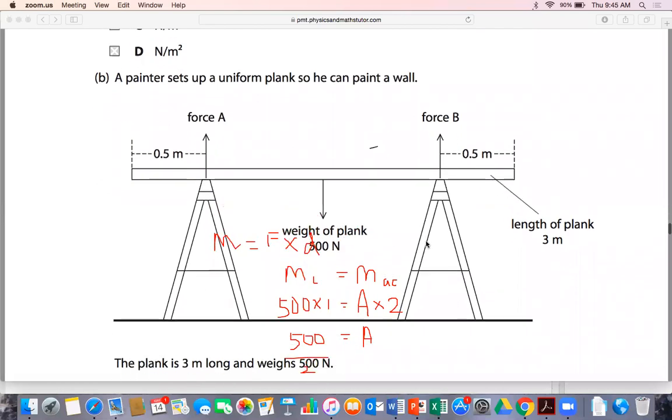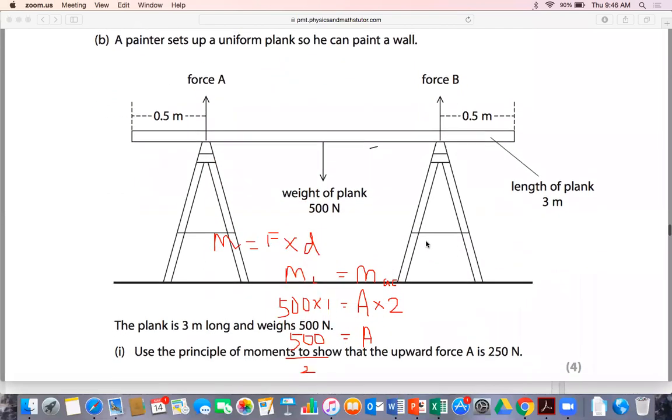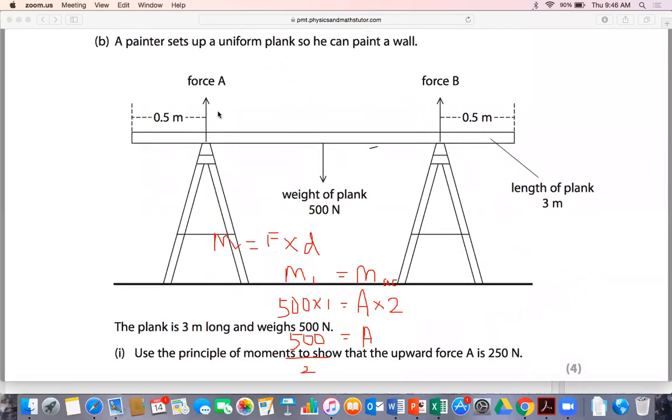Okay, so it was correct. If you see, I have the first moment, which is 500 times 0.5 plus 0.5, which is 1, equals the upward force A times 2. Why 2? 3 meters minus 0.5 minus 0.5, which is 3 minus 1, which is 2.